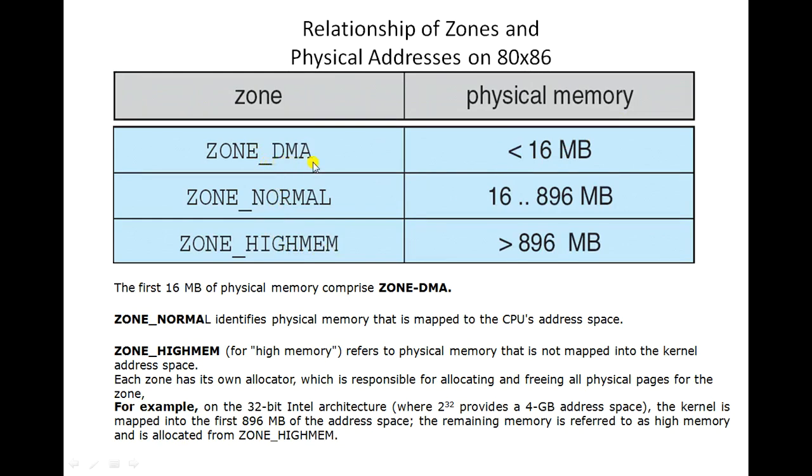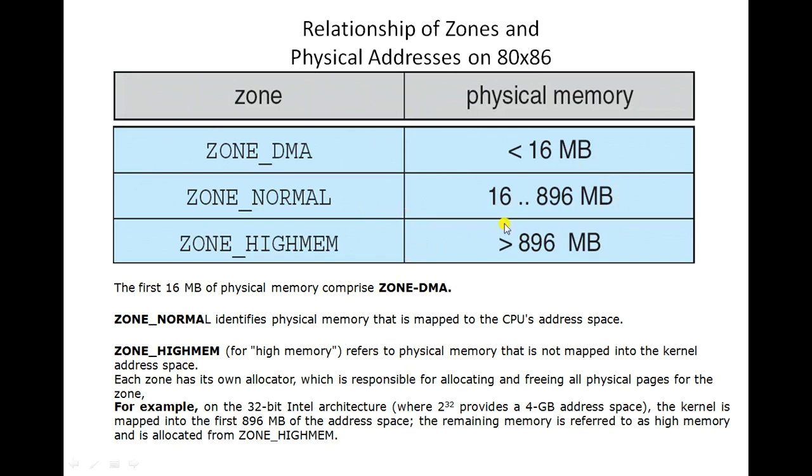So ZONE_DMA is basically used for direct memory access, and its physical memory is less than 16 megabytes. That is, the first 16 megabytes of physical memory make up ZONE_DMA, which is called the direct memory access zone. And ZONE_NORMAL identifies the physical memory that is mapped to the CPU address space.